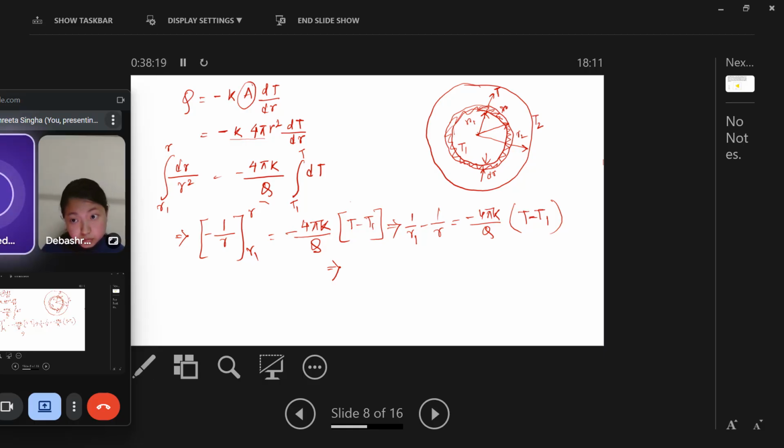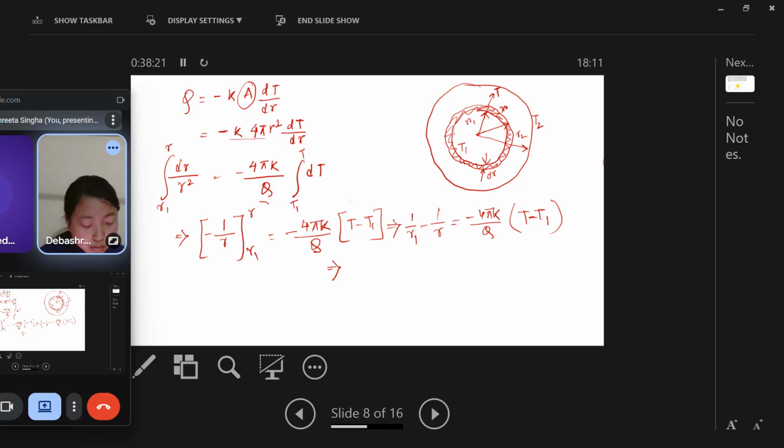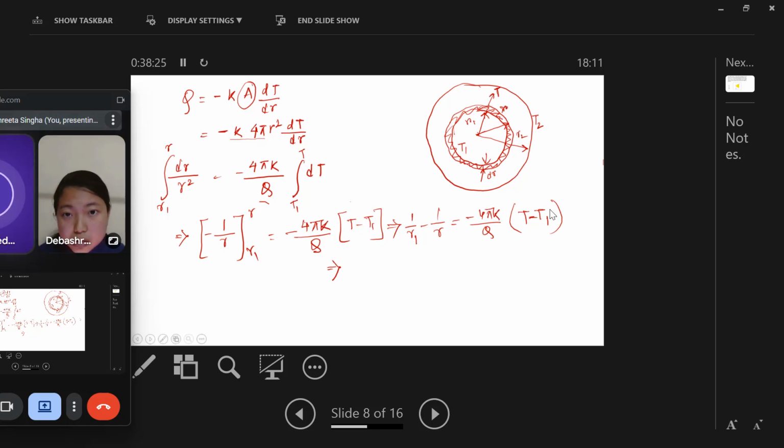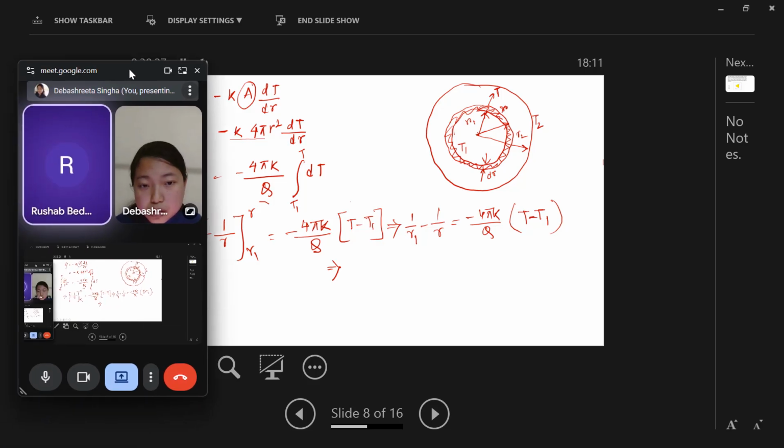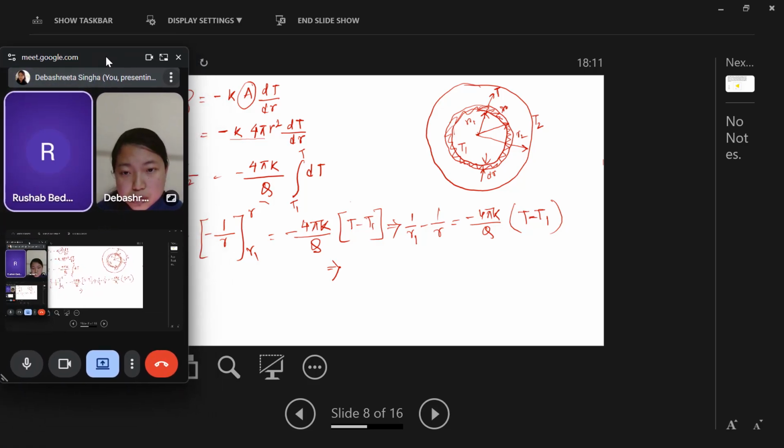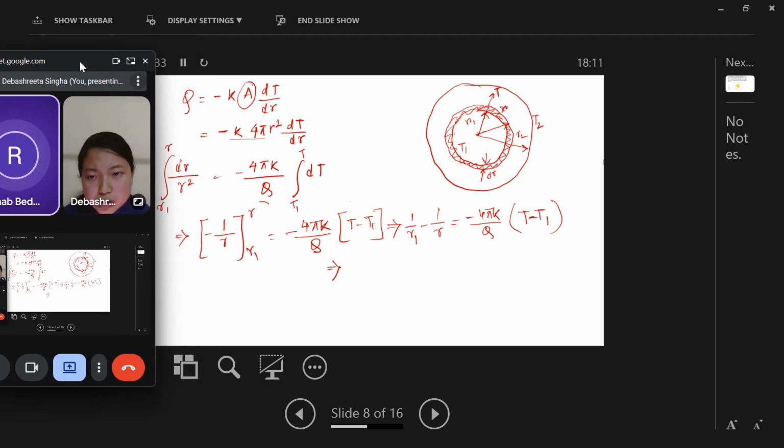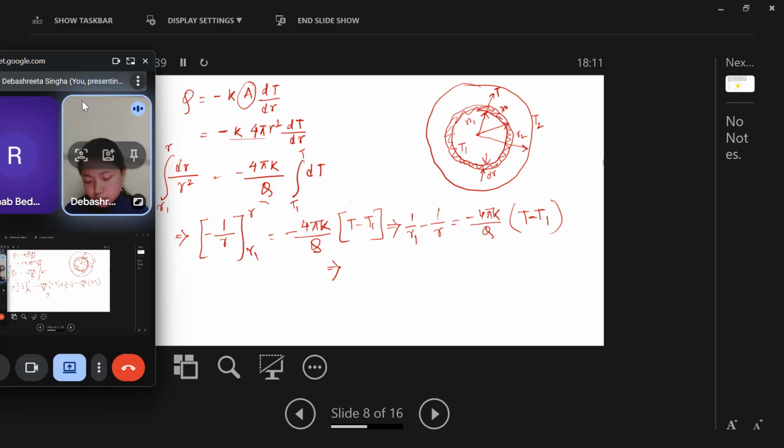And log is remaining. Yes. Directly we can take ln r1 by r2, 1 by r1 minus r2, that also you can do directly. Instead of this r you can take r2, and instead of T you can take T2 also.